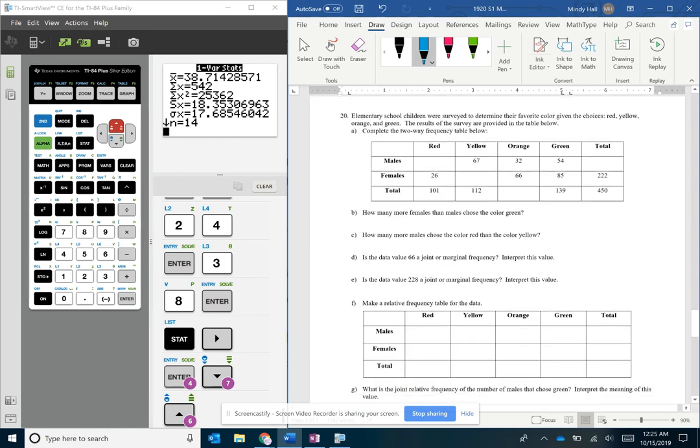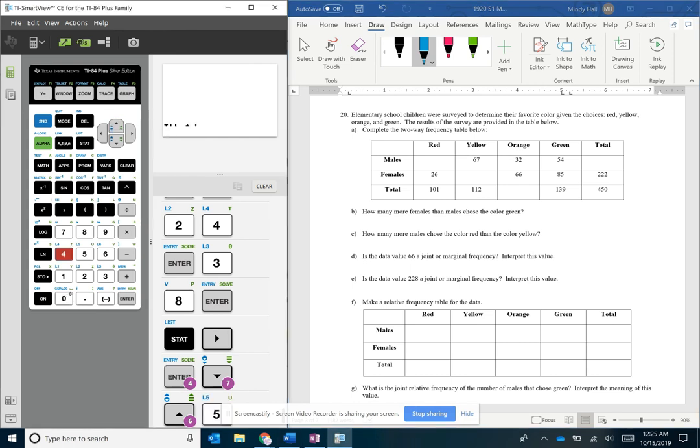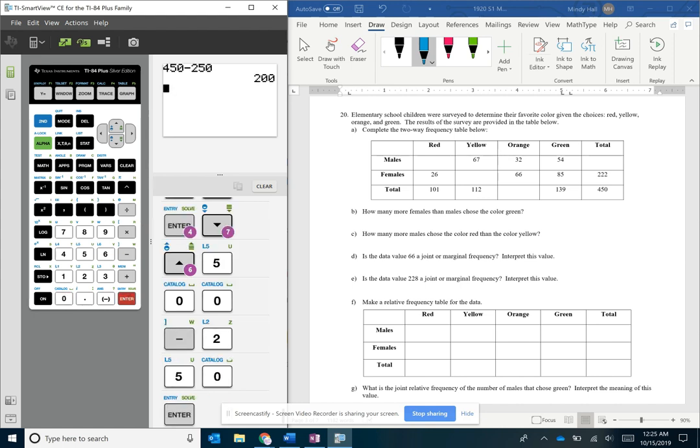So now for number 20, we have some elementary school students who are being surveyed for their favorite colors given red, yellow, orange, and green. So we first need to fill in the table. So looking at this, we know we have 450 students and 250 of them were females. So if I subtract 450 minus 250, that tells me that I have 200 males total.